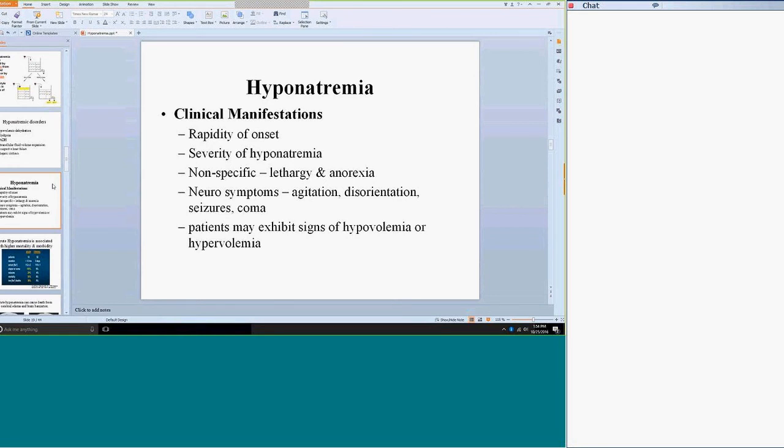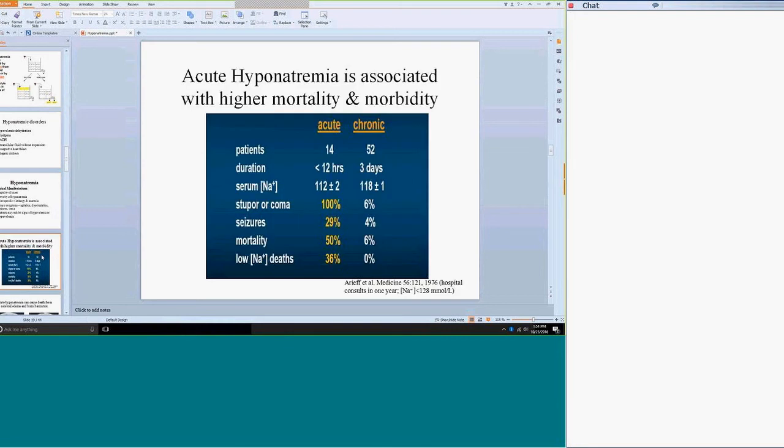The symptoms are quite non-specific, such as lethargy. Often hyponatremia is found during blood tests, or it could present with neurological manifestations like agitation, disorientation, seizures, and coma. We may also see signs of other illnesses or hypovolemia. Acute hyponatremia is associated with high mortality and morbidity.